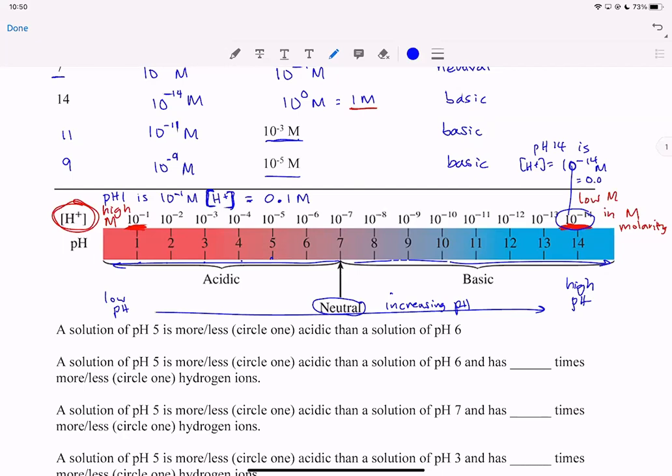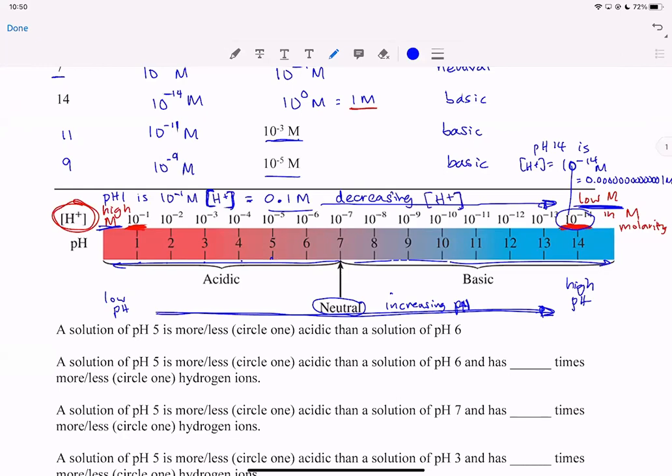So 1, 2, 3, 4, 5, 6, 7, 8, 9, 10, 11, 12, 13, 14, and then a 1. That's a really small number compared to that. So that's why I wrote that this is a low molarity on this side, and that's a high molarity on that side. So even though this is increasing in pH going in this direction, this is a decreasing hydrogen ion concentration.